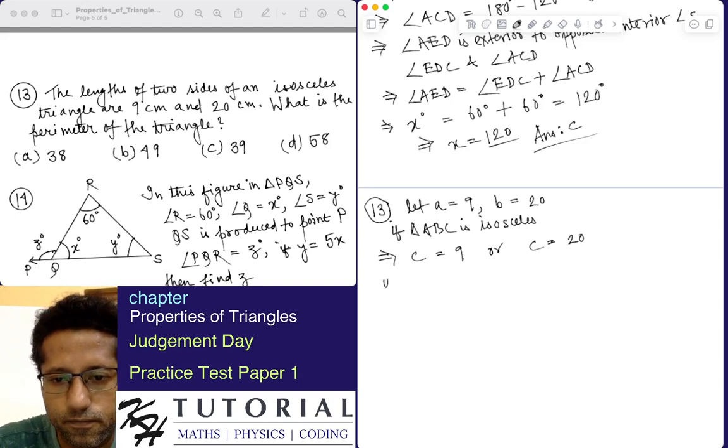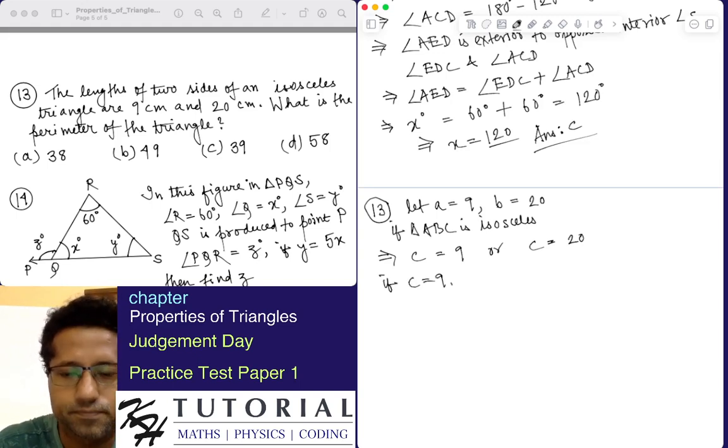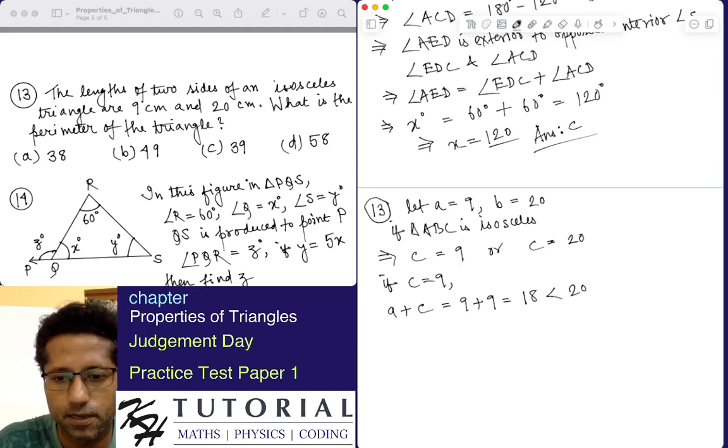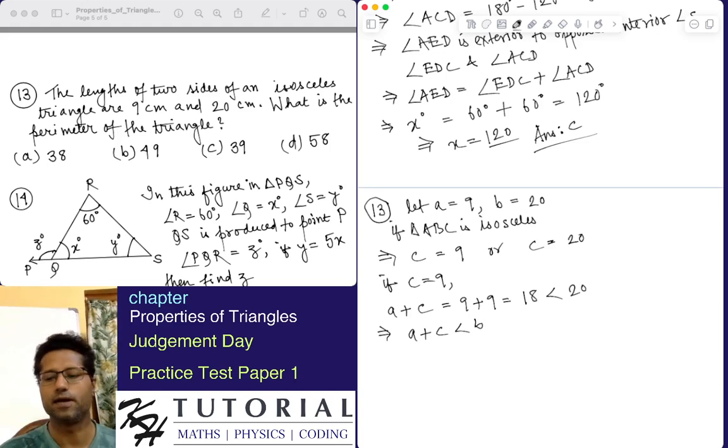Now, if c equals 9, we can see that a plus c is 9 plus 9, that is 18, which is less than 20. This implies that a plus c is less than b, which is not possible. In a triangle, as per the triangle inequality, the sum of the lengths of any two sides is greater than the length of the third side.